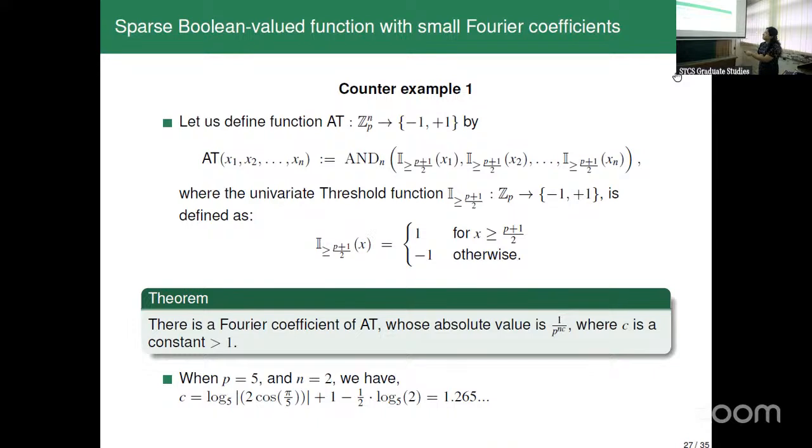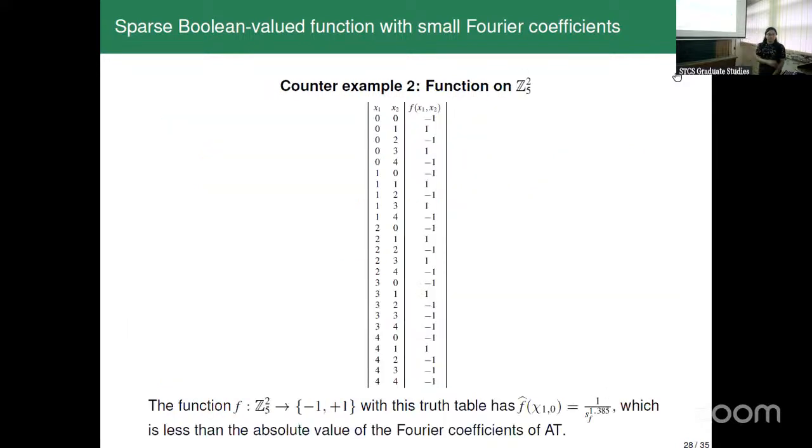And this is our second counter example. It has a Fourier coefficient which is even smaller. Is there a minimum maximum for the bent function? I want to take the lowest non-zero Fourier coefficient, and how high can this be?